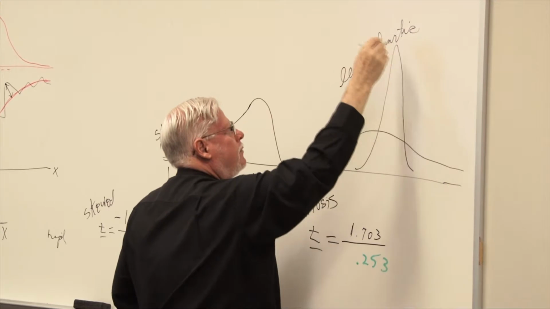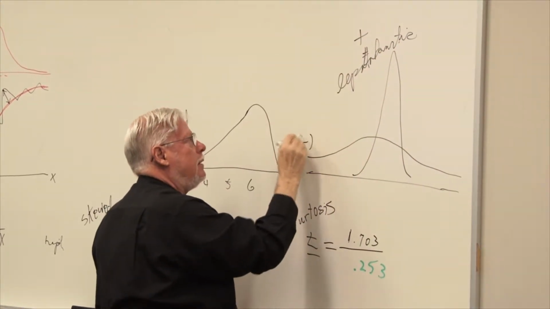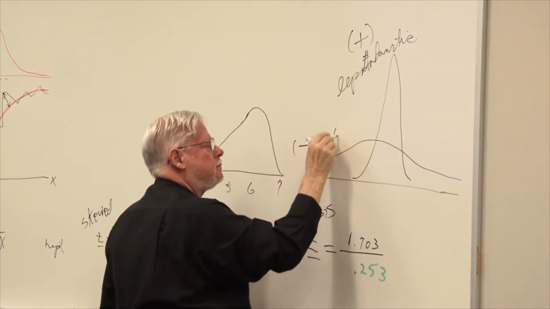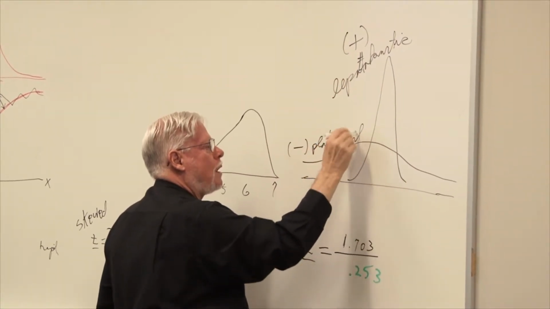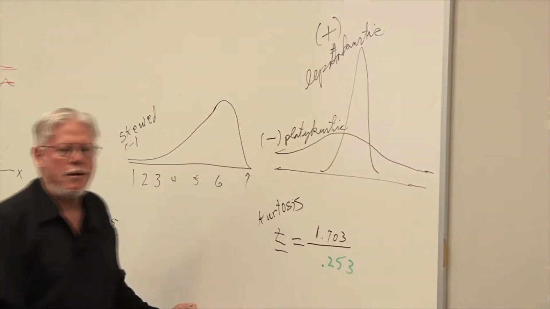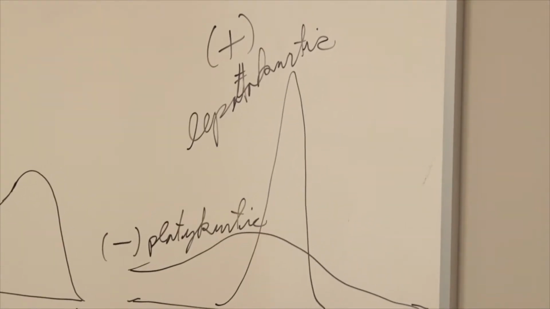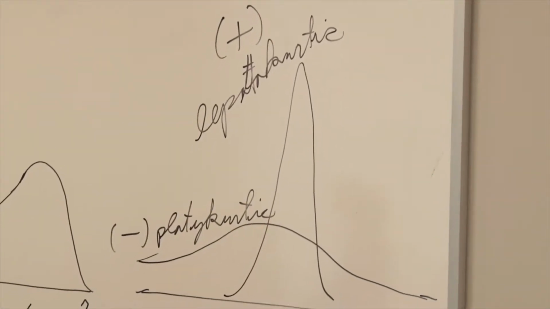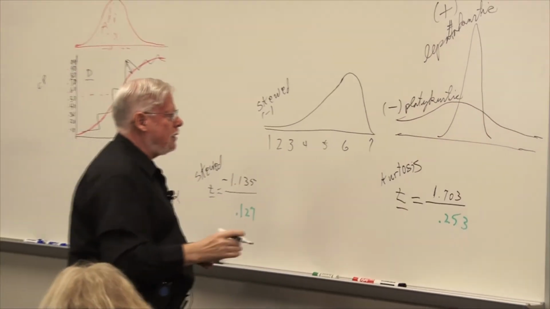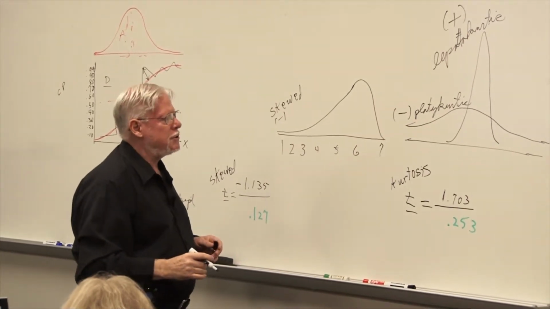If it's negative, that means it's platykurtic, which means you have a lot of scatter. If it's close to 0, that means the ordinate is like you'd expect for the Gaussian distribution, the normal curve. So you want them to be as close to 0 as possible, both ways.